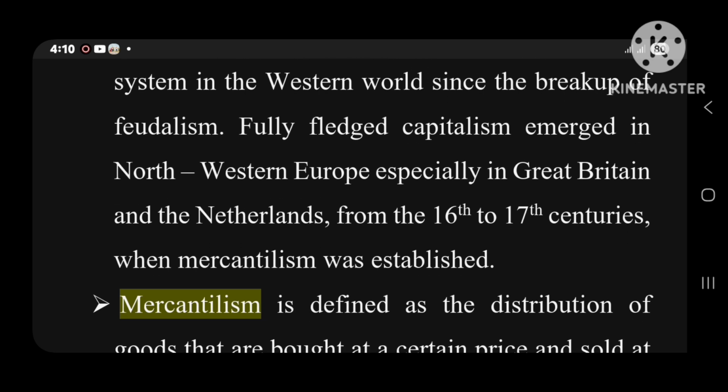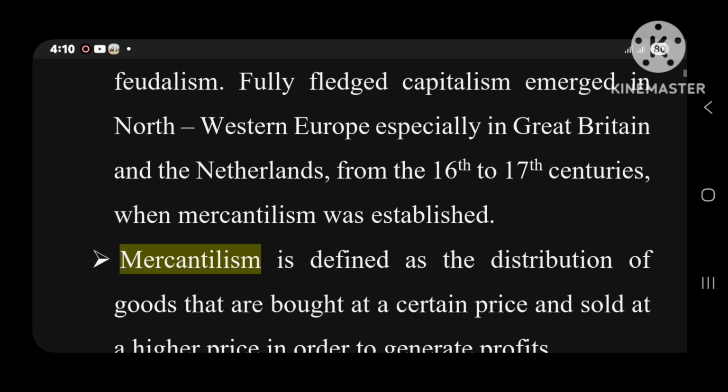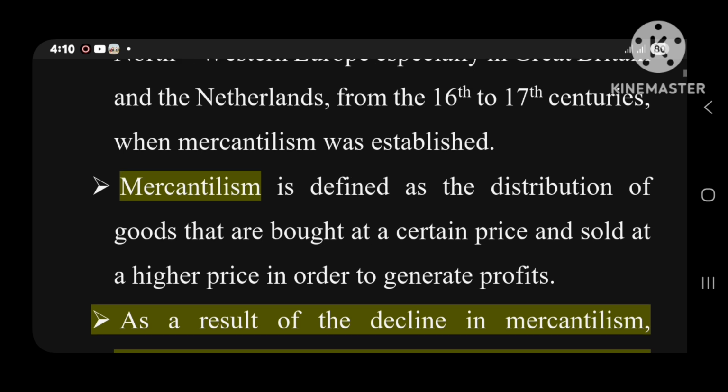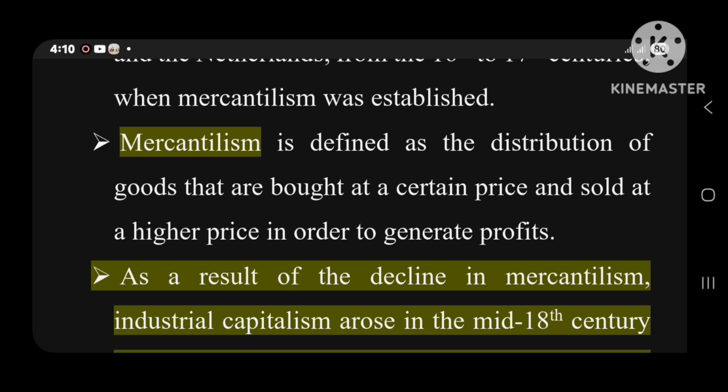Mercantilism is a type of marketing, defined as the distribution of goods that are bought at a certain price and sold at a higher price in order to generate profit. So this was one of the major historical developments for the beginning of capitalism.